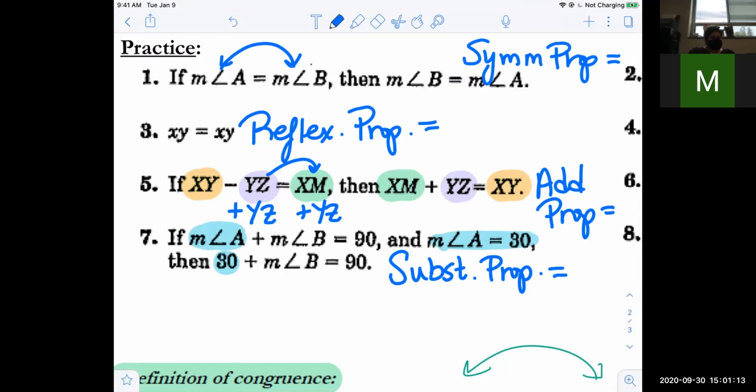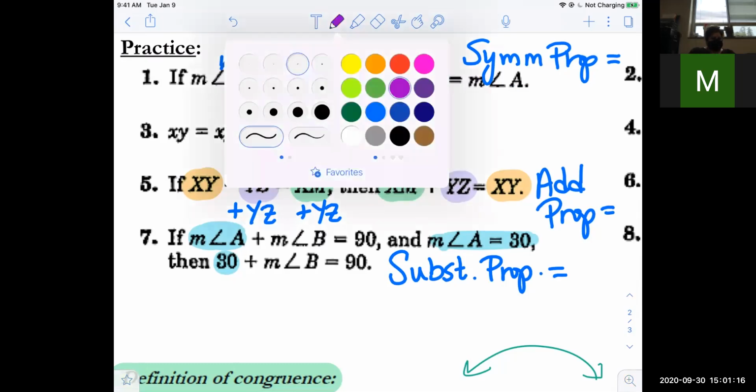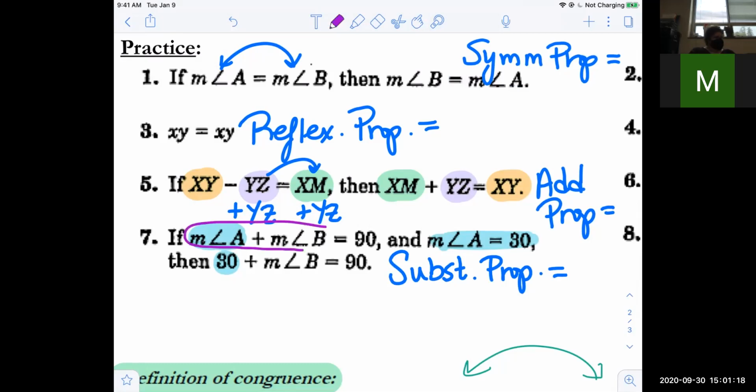That's thing 1, thing 2, thing 3, and thing 4. So it's just substitution. A whole entire side of one of the given equations has to match a whole entire side of the other equation for it to be transitive. Because there's not a measure of angle A plus B over here anywhere, and because there's not a 90 over here anywhere, it's not possible to call it transitive. That one is only substitution.